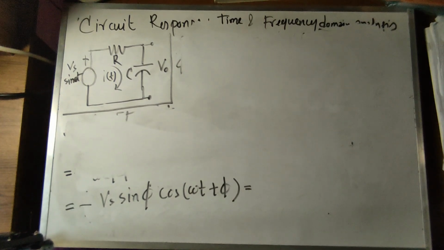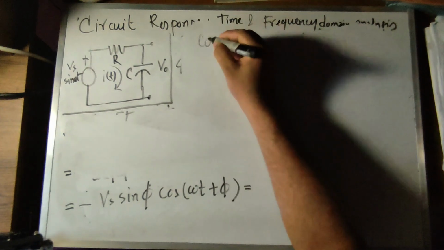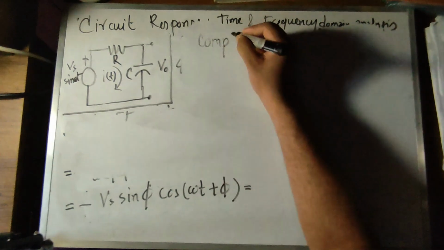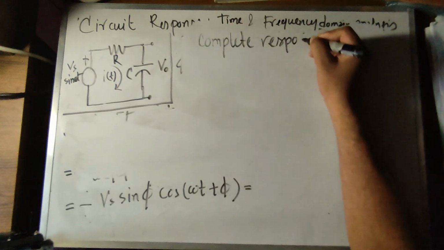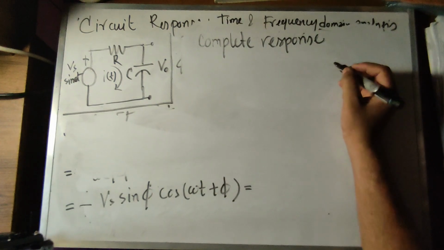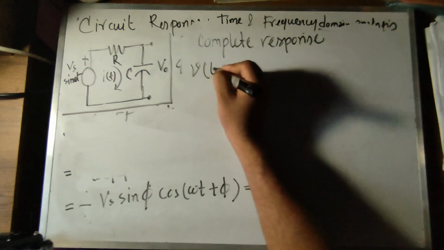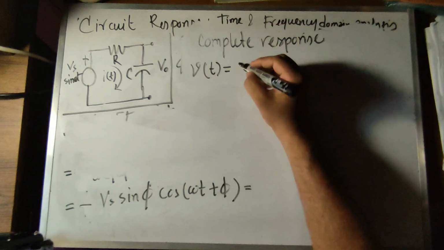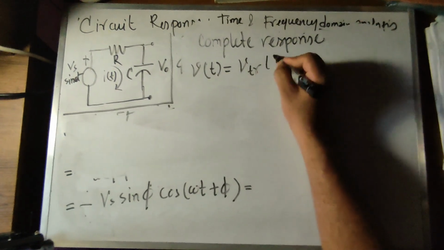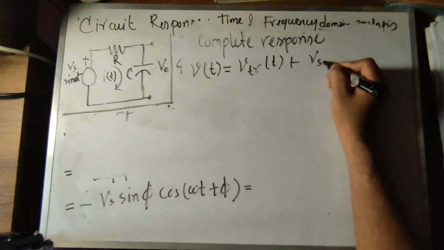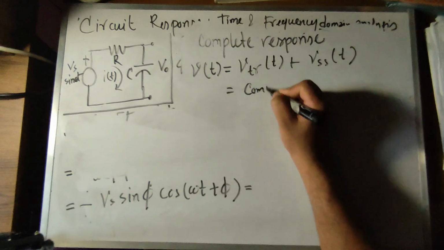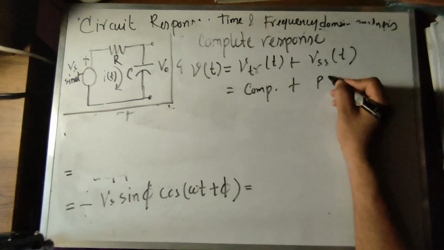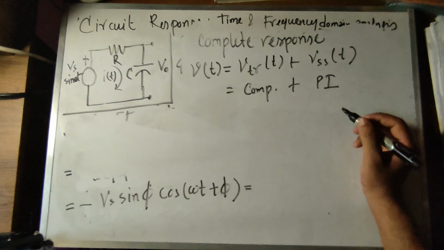So now the complete response. The complete response of the circuit is V(t) equals V transient plus V steady state, which is the complementary solution plus the particular integral.